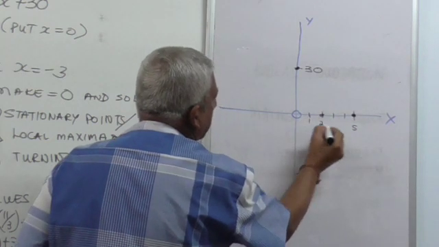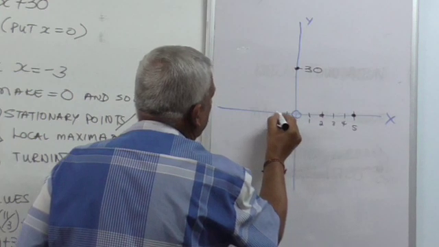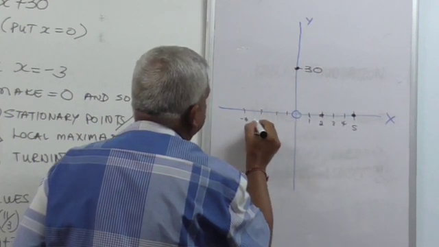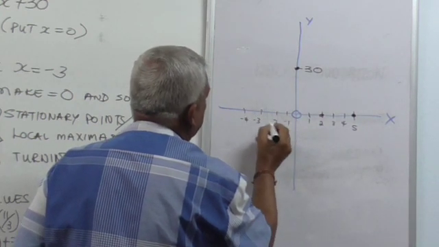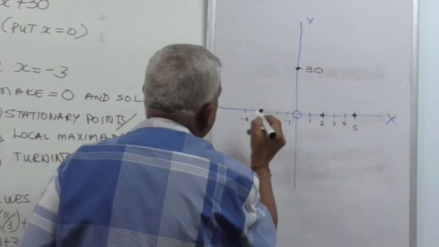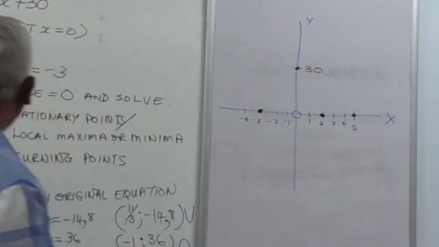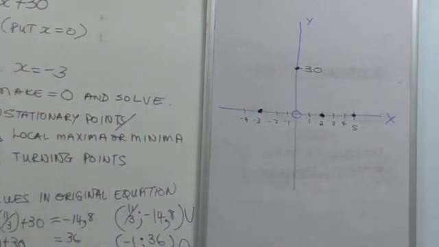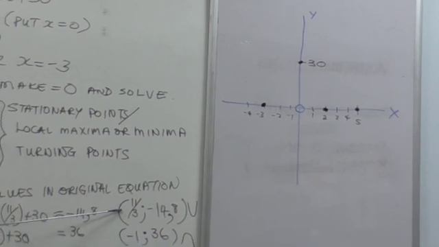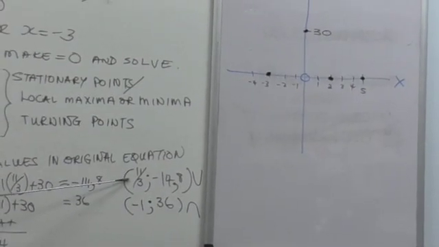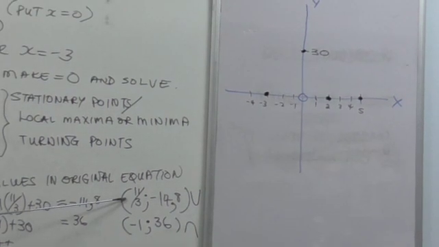And then your next, it's -3. So you have marked your 3 x-intercepts. Now your turning point is 11 over 3, which is 3 2/3. 11 over 3 is just over 3, 3 2/3, and negative 14,8.